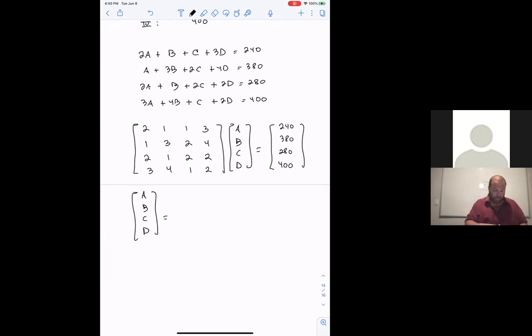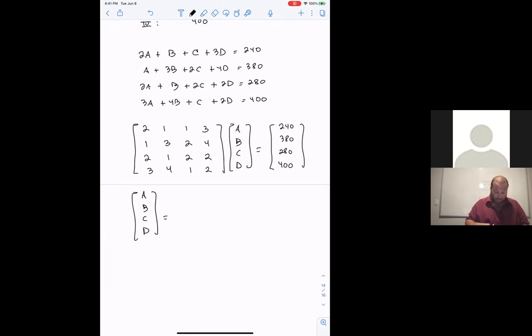No problem. Take out your calculator, matrix, edit, first one, 4 by 4. 2, 1, 1, 3, 1, 3, 2, 4, 2, 1, 2, 2, 3, 4, 1, 2. Second matrix is going to be a 4 by 1 of 240, 380, 280, 400.